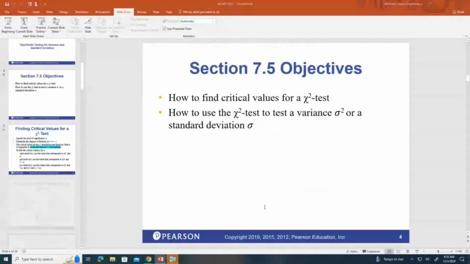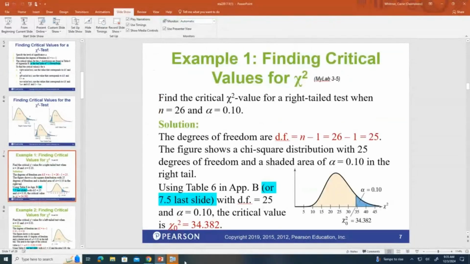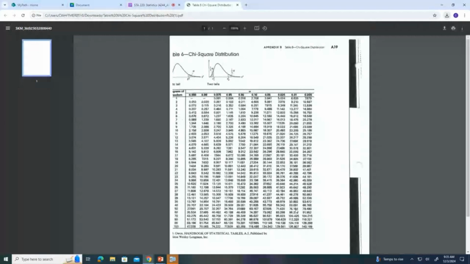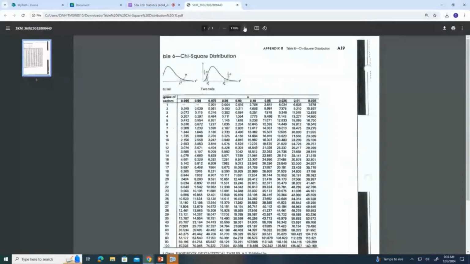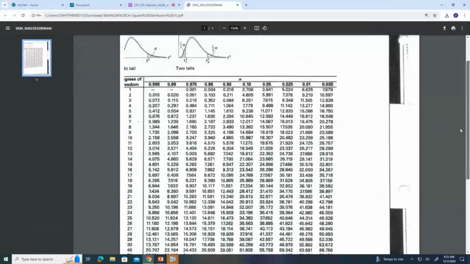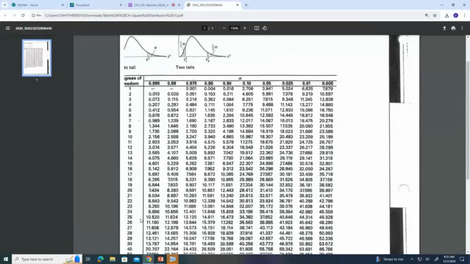So you're going to look in your table. Let me see where I put that again. I downloaded it but never pulled it up. There we go. Okay. So I looked up 25. Make it a little bigger so you can see it. And then our alpha was 0.10.